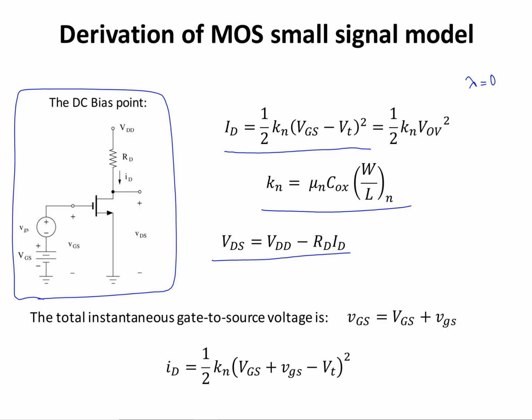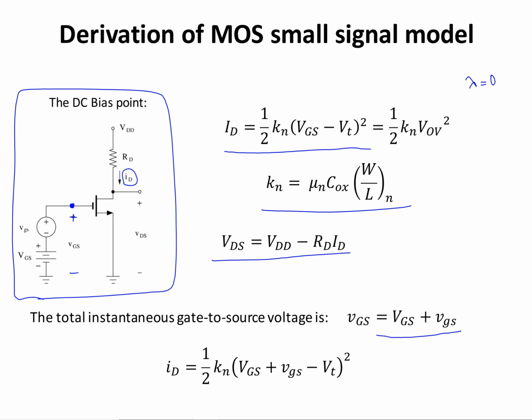Now assume that I add an AC signal to the DC voltage that I had for my gate. Now the instantaneous gate to source voltage, or this vGS, consists of a DC term and an AC term. So because my gate to source voltage has both an AC and DC term, the drain current is also going to have an AC and DC term.